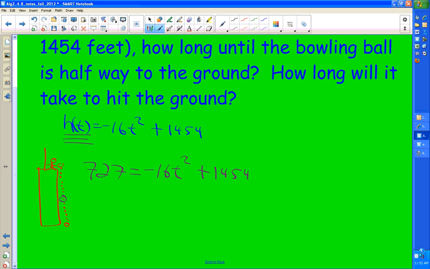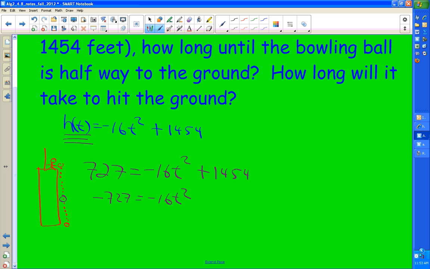Now we can solve this algebraically pretty easily because there's no b value, there's no bx term, or in this case there's no t to the first power. So if we subtract 1454, we get negative 727 equals negative 16t squared.